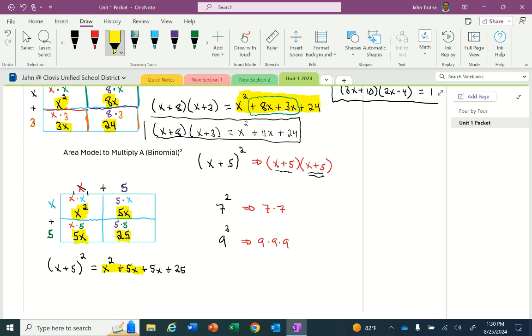And once again, that's your answer if it cannot be simplified, but as you can see, I can put together these 5x's. So really, my solution is the binomial x plus 5 to the second power is equal to x squared plus 10x, positive 5x plus 5x is 10x, plus 25. Okay, and that's the solution that we're looking for right there.